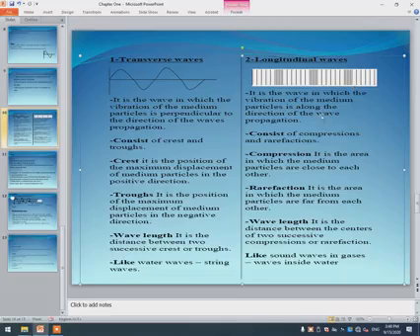So I want you to determine for me if this is a transverse or longitudinal wave. Of course, you know that you need to determine the theta. Theta will help you to know the type of the wave.